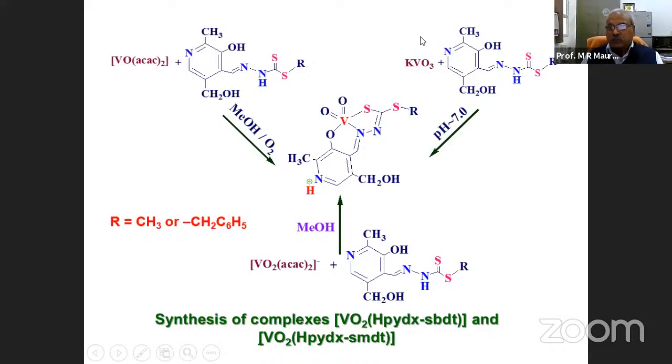And also, by using our water method, potassium vanadate and the ligand dissolved in water using potassium hydroxide, maintaining the pH at 7.0, we observed only this compound. We did not observe the potassium salt of this compound. Also, we tried another method.